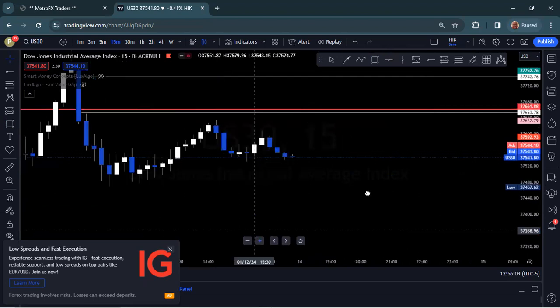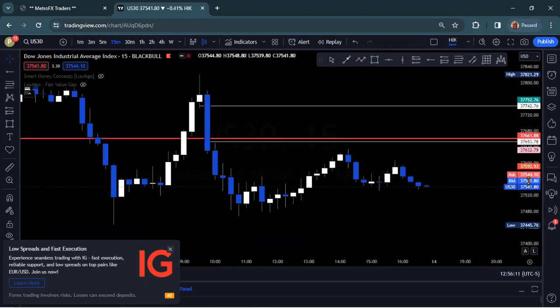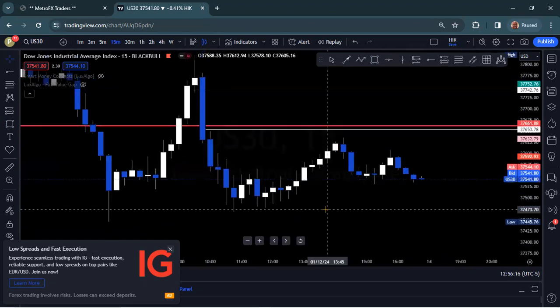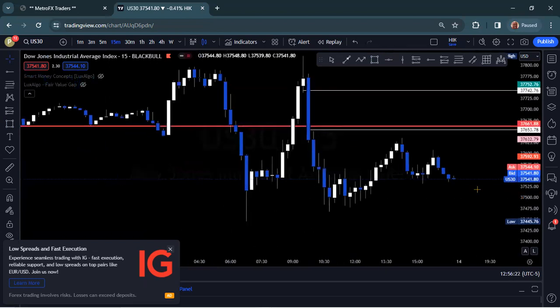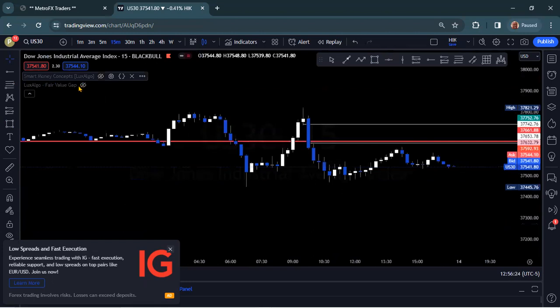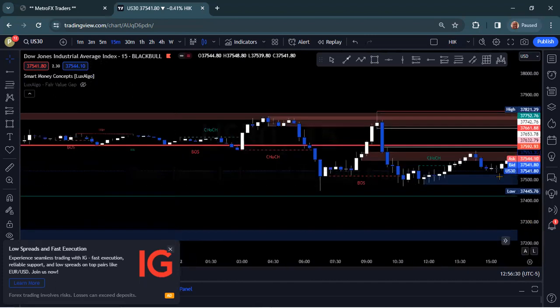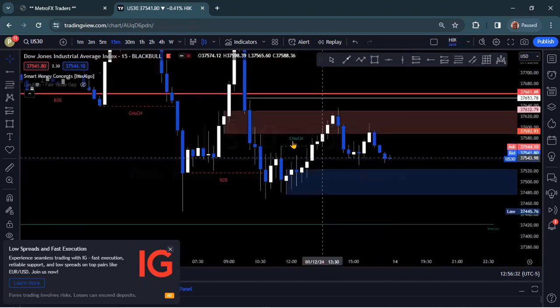So you've got to be patient, right? But we're not trading downward, we're trading upward. So what we're waiting for is a fair value gap. What we're waiting for is a change of character and then a break of structure. So if we put back this smart money concept, we're waiting for scenarios like this.